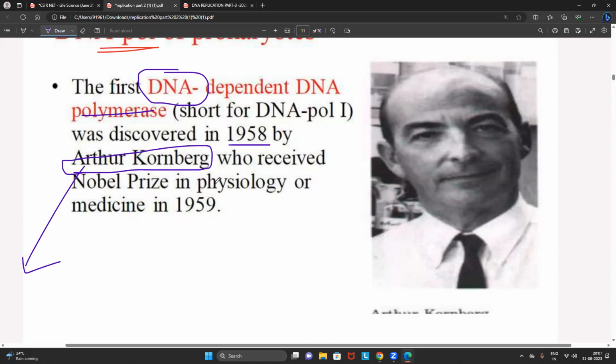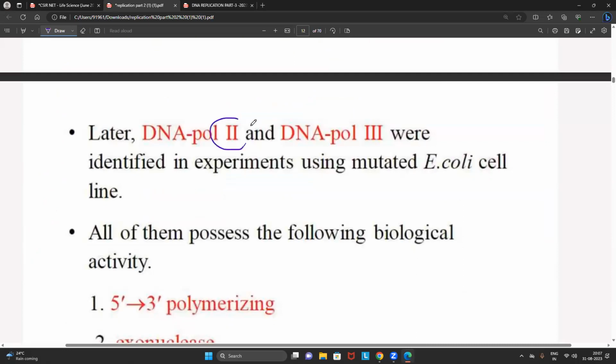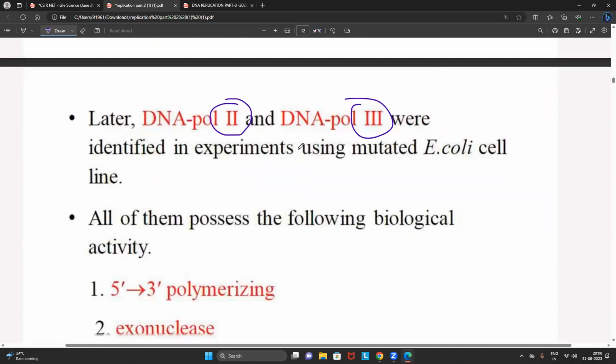Right. Now, every student remember, all the scientists thought that only one DNA polymerase enzyme is present in the bacteria. But later, they identified polymerase 2 and polymerase 3. Now, the question is very clear.